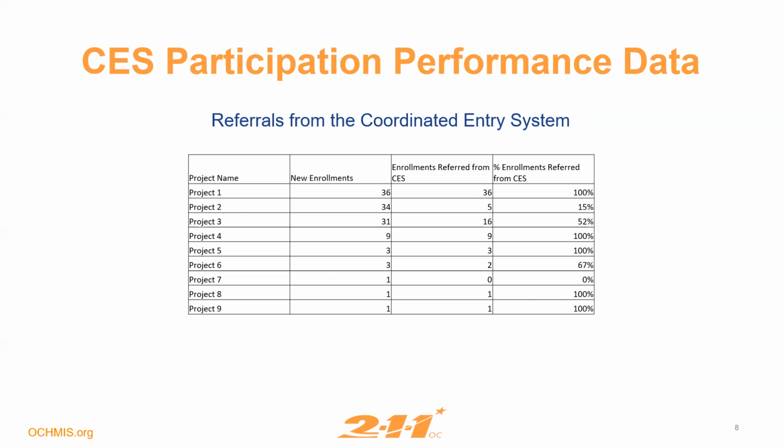Right. Yeah, so it's only looking at the head of household enrollment as well as the referral, because the referrals are only associated with the head of household. That's perfect. Thank you.